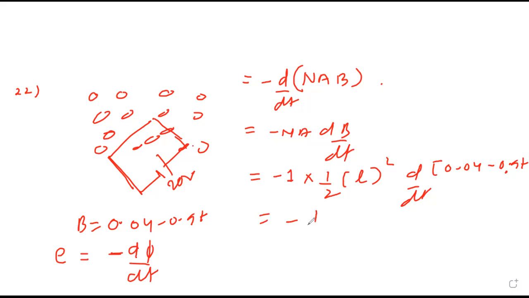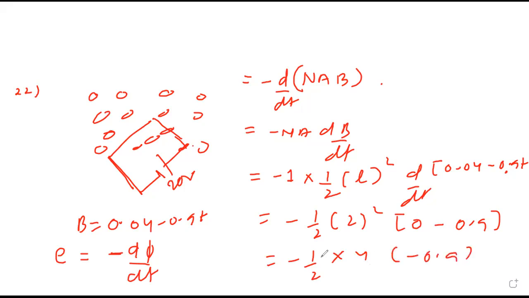So minus of half, side is given 2, 2 into 2, 4, into 0.9. This will become minus minus plus 1.8 volt. Plus means they are assisting each other.